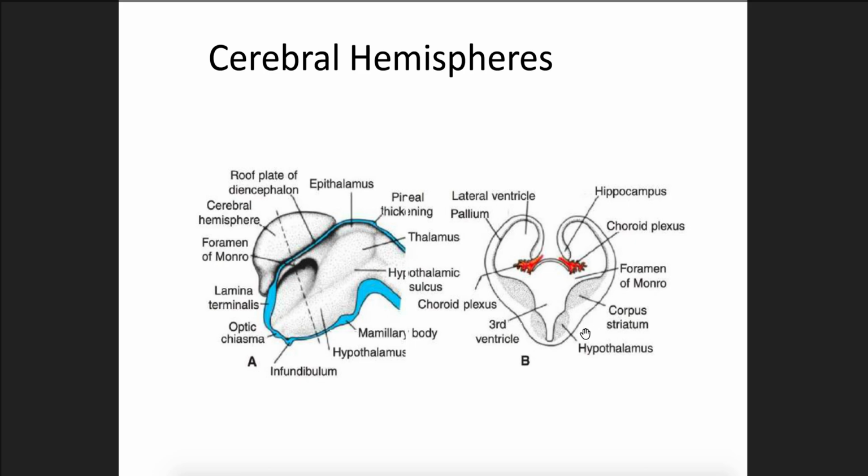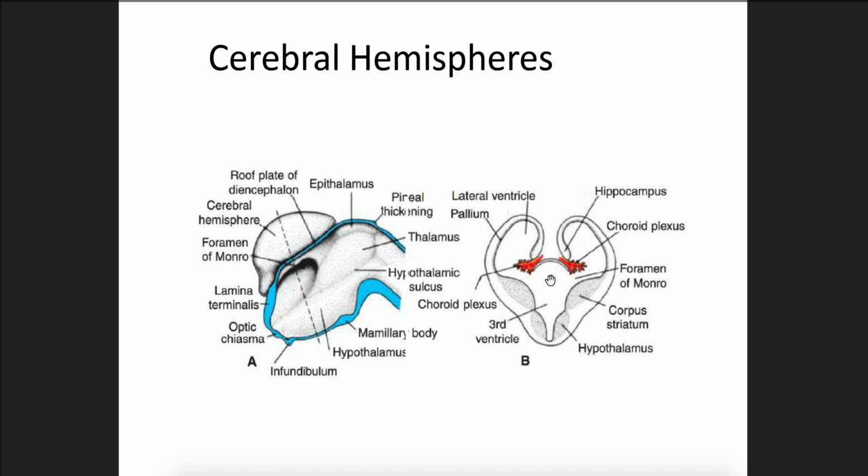And these structures that you see here are all going to grow outwardly and away from the ventricle, which is the third ventricle, the ventricle of the diencephalon.